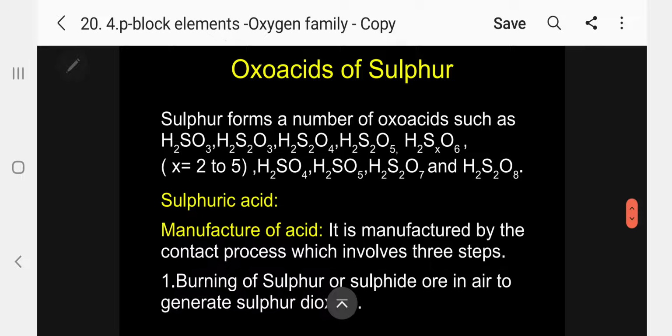Now, oxo acids, or simply oxyacids of sulfur. Let me give some input, before entering into sulfuric acid, our aim, as it is in our syllabus.